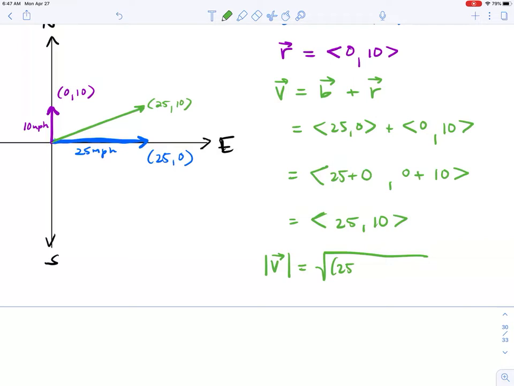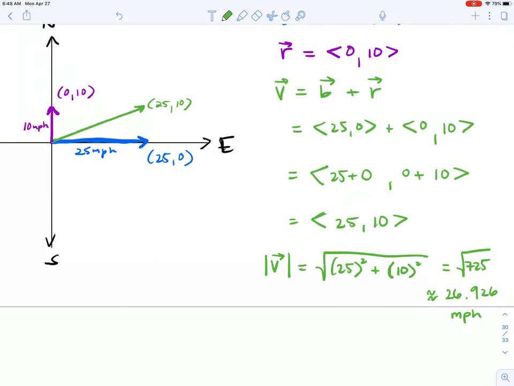Okay, so to find the magnitude of vector v, we're going to take the square root of 25 squared plus 10 squared. That's going to equal the square root of 725, which is approximately 26.926, and the units for the magnitude will be miles per hour.